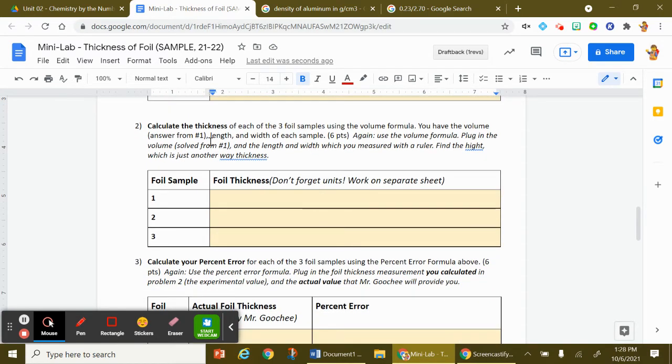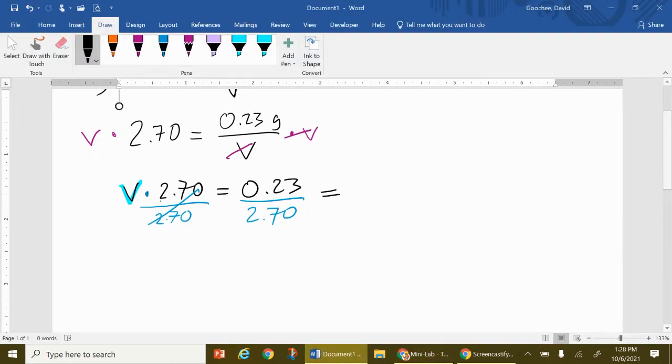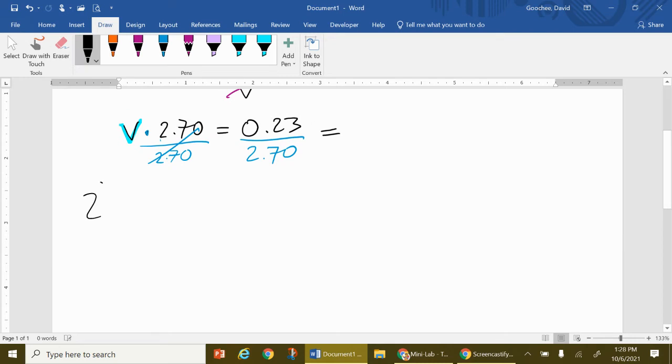Calculate the thickness. Now, to calculate the thickness, you need to use the volume equals length times width times height formula. Think about it, a sheet of foil. You think of it as a flat two-dimensional sheet, but in actuality, it has a tiny bit of height.